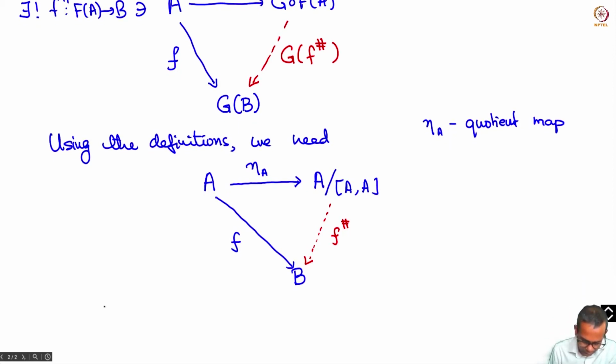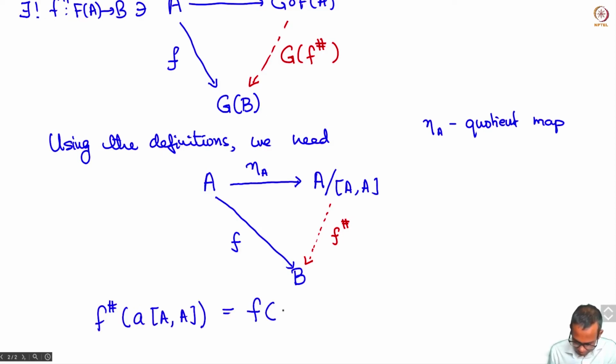You just define, well, it's forced, f hat of the coset of a to be f of a, and you need to check that this is well defined and that it is indeed a group homomorphism from A mod its commutator subgroup to B. But these are all standard, and I'll leave it to you to work out all the details.